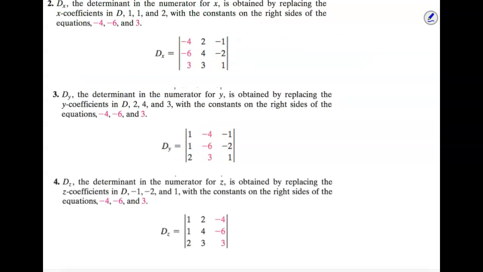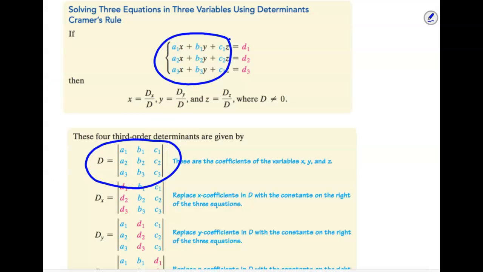Continuing on, we have to find determinant d of x. So how do we find the setup of determinant d of x? Well, going back to 2 slides earlier, we're going to take this d sub 1, d sub 2, and d sub 3 and replace it with that first column. Now notice the rest of these numbers stay the same.